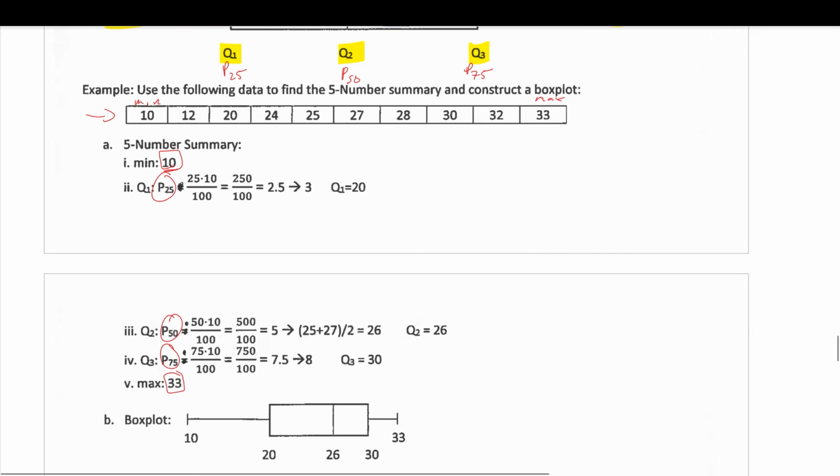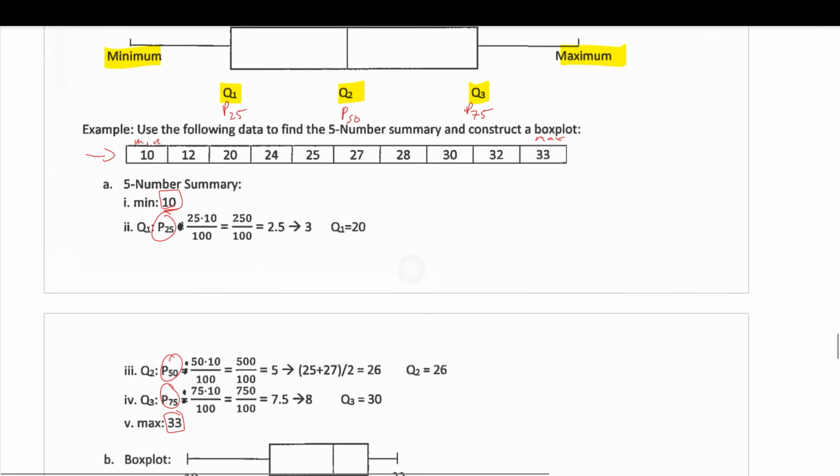The way you deal with this is, to find the median, which I would say Q2 is the easiest one to deal with. That's the median. Let's count the number of data values we have. 1, 2, 3, 4, 5, 6, 7, 8, 9, 10. There's 10 values. Well, 10 divided by 2 is 5. So our median is going to be between the 5th and the 6th value. That's going to be the Q2.